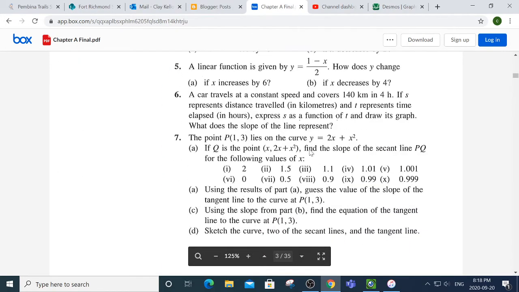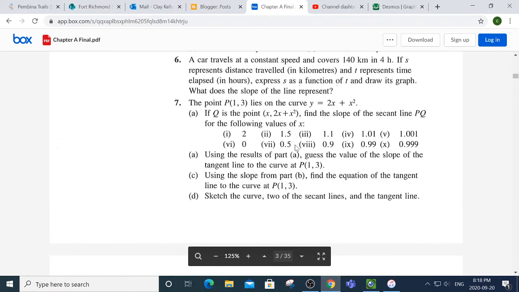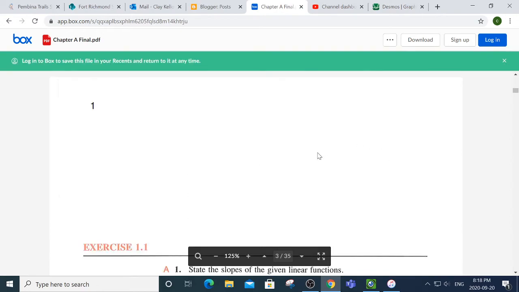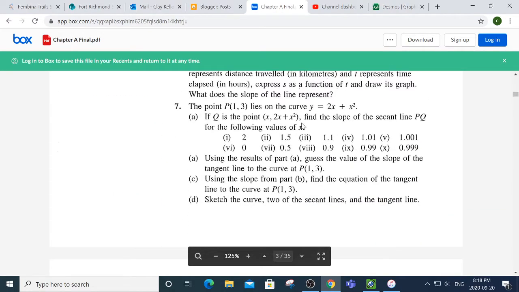You'll see some questions like number 7, which I asked you to do. Question 7 is doing basically the same thing. You're running the number 2 through this formula, and then 1.5, and then 1.1, and then 1.01.